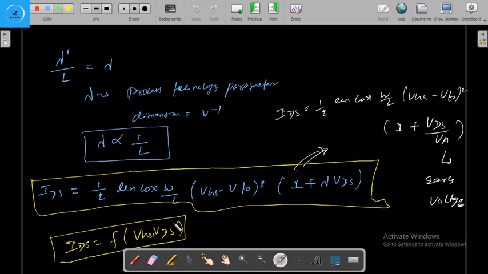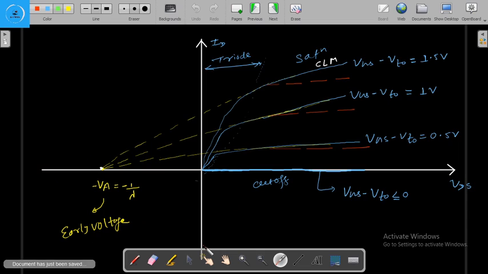Now we have seen that this drain to source current in the saturation region, because of the channel length modulation, is a function of the gate to source voltage and drain to source voltage, and due to the decreasing of the effective length of the channel, the drain current is increasing in the saturation region.